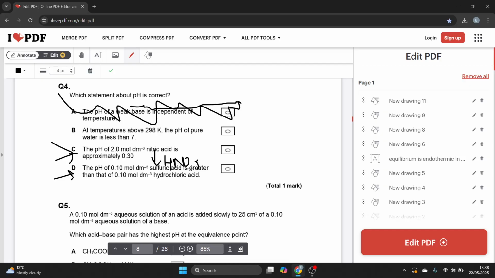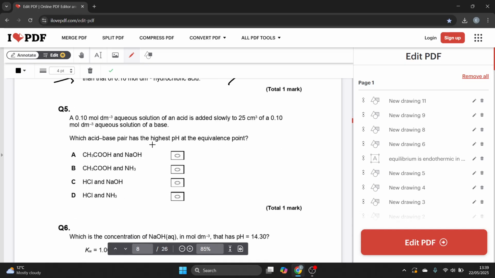The pH of sulfuric acid, so minus log 10 of 0.10 times 2, because sulfuric acid has 2. 0.698 is greater than minus log 10 of 0.10? No, it's actually less than. So that is incorrect. I know that's incorrect, therefore it must be B.